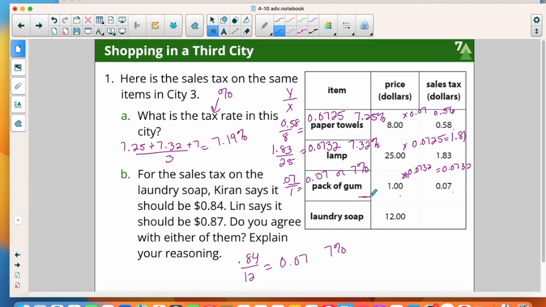If I take Lynn's 87 cents and divide it by 12, I get 0.0725 or 7.25%. So that means that Lynn was using the paper towel percentage. So what this is telling me is I can't just check one thing when it comes to money. I have to check and see if we were rounding.